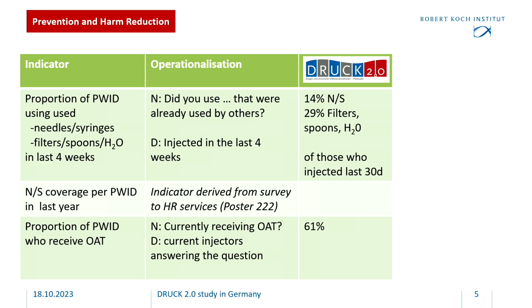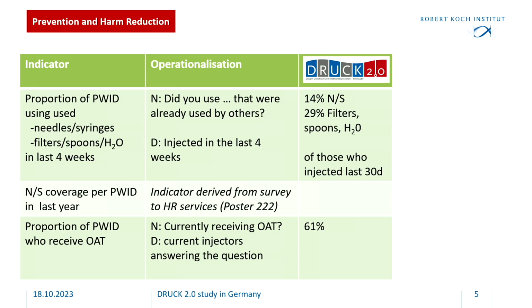So Thomas already said that, of course, there are different indicators that are also used to compare countries. I think the indicators we derive from these studies are more used to assess local measures and so on.